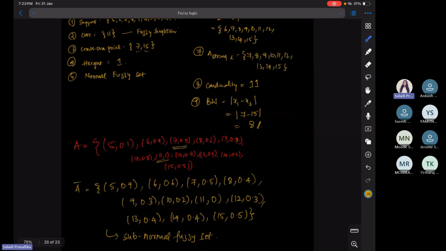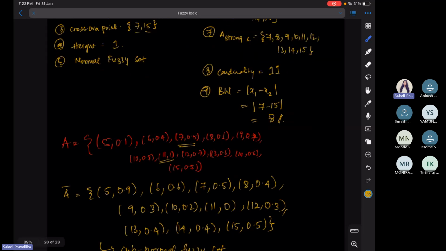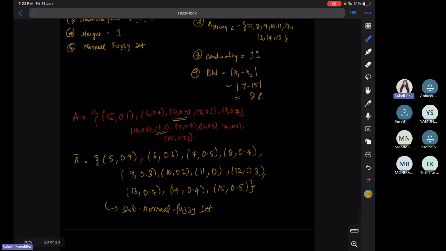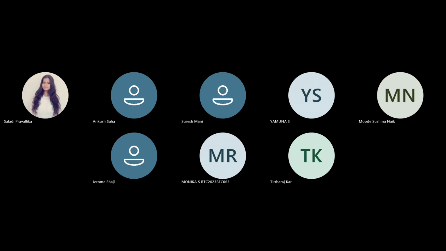Cardinality will be the same because it's the same number of elements, and the bandwidth is also going to be the same, right? Yes, I would say so.